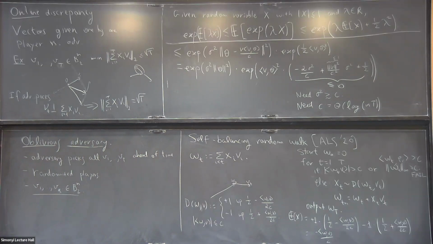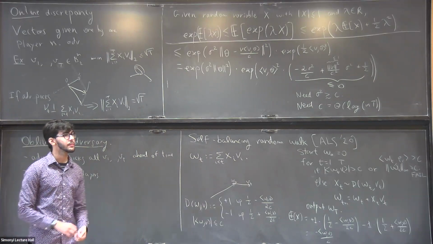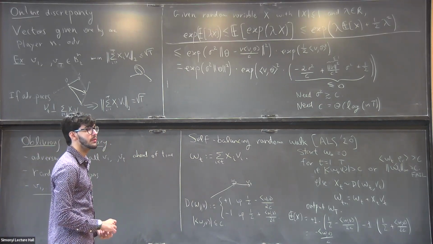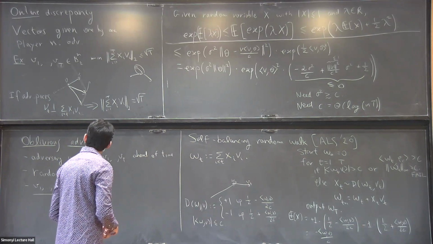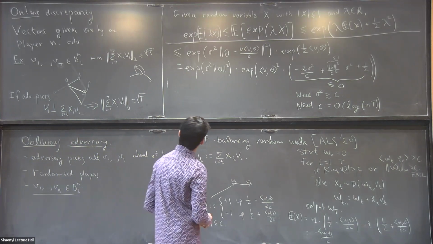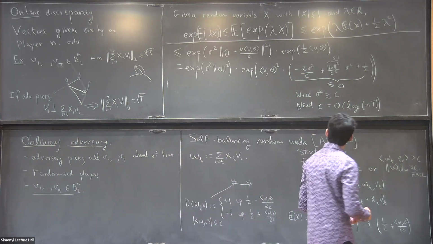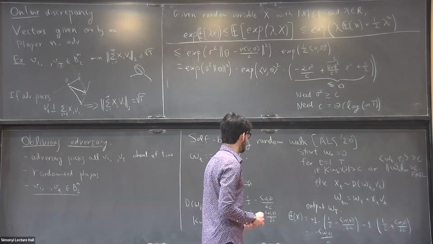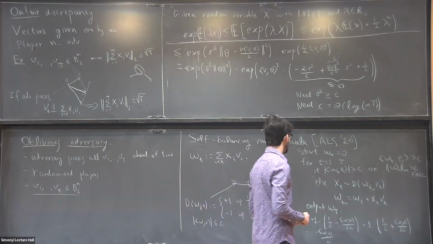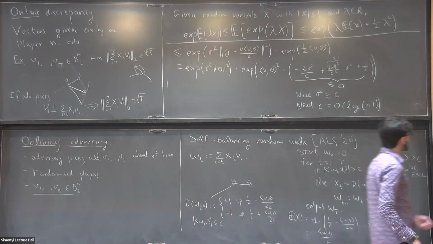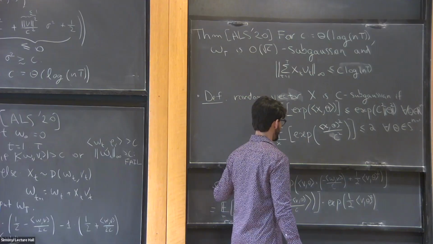So Victor, can I ask one question? Yeah. If you apply this algorithm to the case where the vectors are not oblivious, as in the adversarial case, do you recover the Spencer type result? So if they're adversarial, I mean, the answer is no, but I'm trying to understand what in the proof breaks.